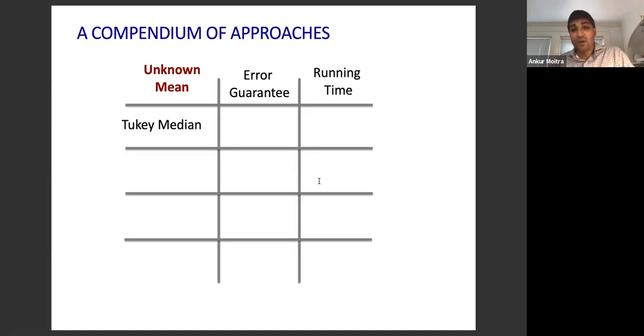Well, what you do is if you're given a cloud of points, you can talk about the Tukey depth of a point as the worst case over all projections about how few points are either to the right or left of it. So that's the Tukey depth, the min over all 1D projections of how few points are to the right or left of it. So how close it is to the extremes.